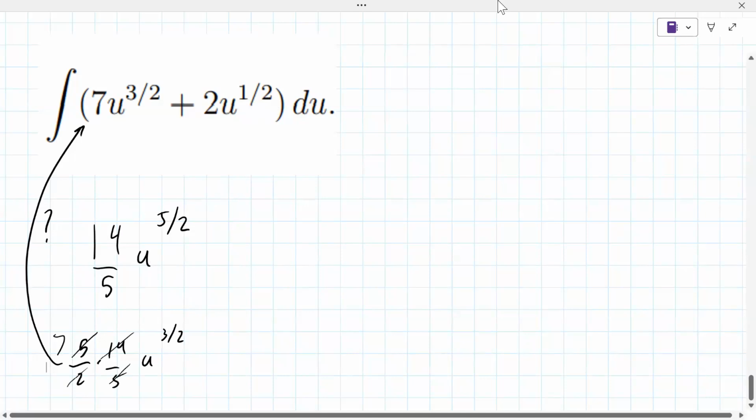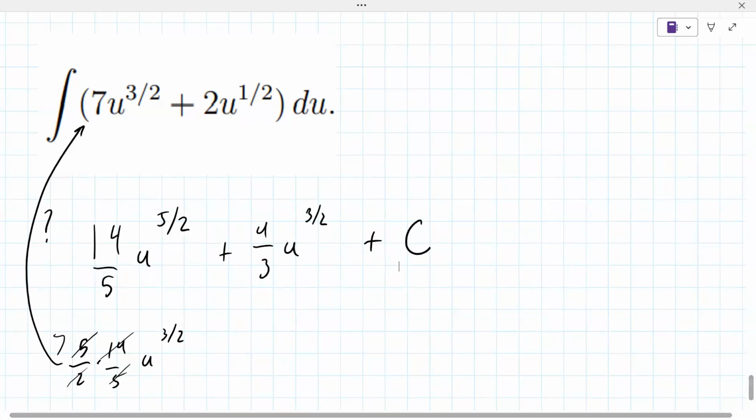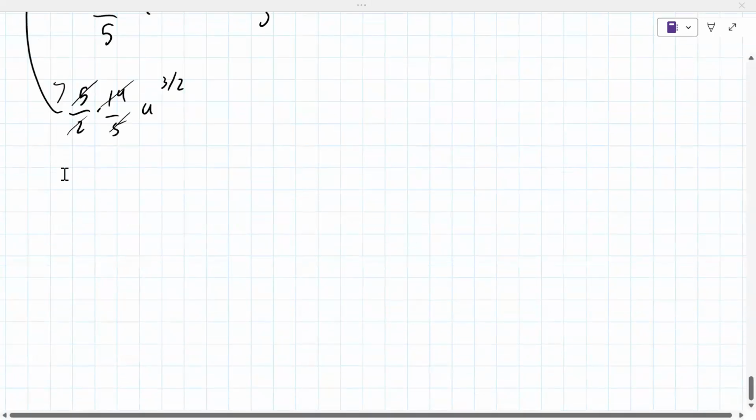See if you can come up with the next one. Four thirds u to the power of 3 halves, plus C. Okay. That's pretty good. I always like a problem where you have to rewrite the roots in exponent notation yourself.